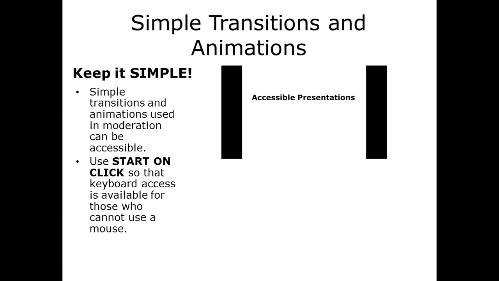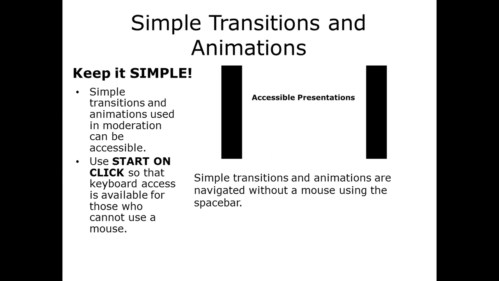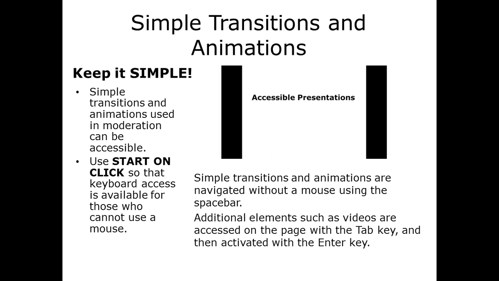You want to make sure you use the Start on Click option in the animation so that keyboard access is available for those who cannot use a mouse. Simple transitions and animations are navigated without a mouse using the spacebar. Additional elements such as videos are accessed on the page with the Tab key, then activated with the Enter key.